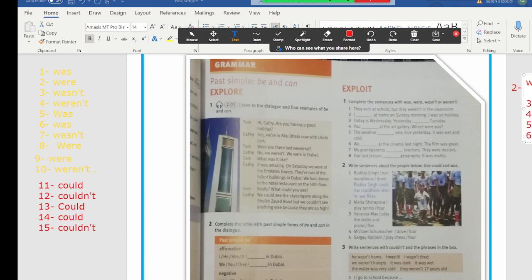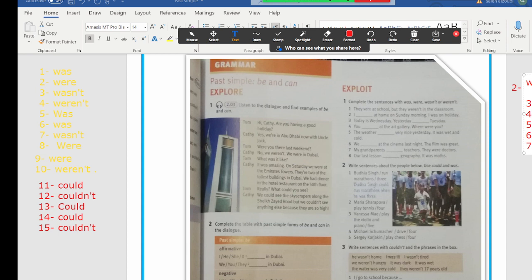Next one. We blank at the cinema last night. The film was great. We were. Number 7. My grandparents blank teachers, they were doctors.